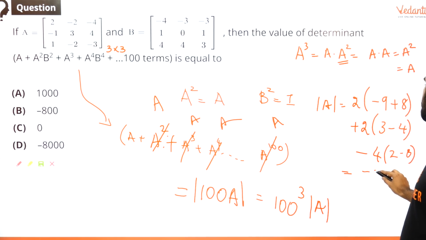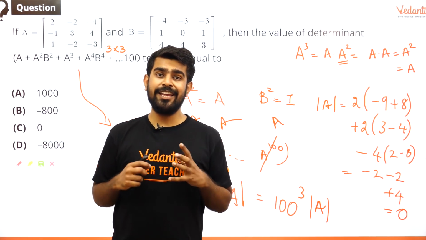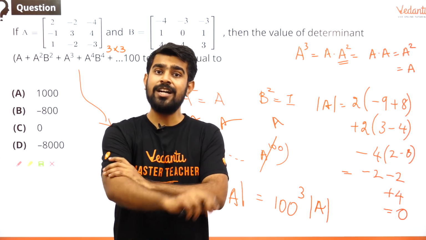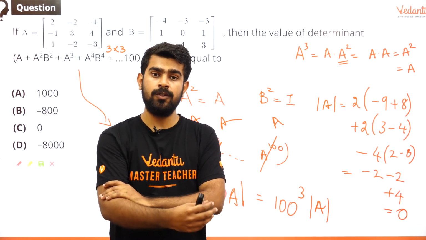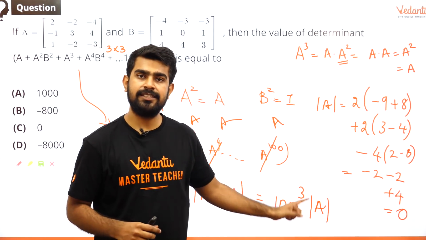You have minus 2 and plus 4, which is going to be 0. So I hope all of you can see that. That shows the determinant value of A is going to be 0 in this question. Done? So once the determinant value of A is 0, the question is done because 100 cube into determinant of A is nothing but 0.